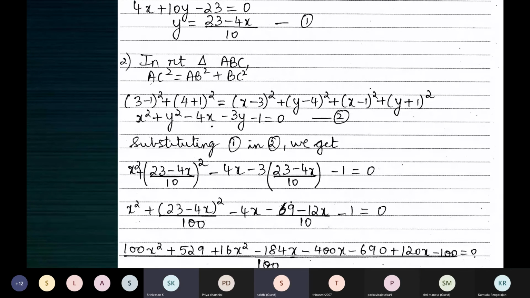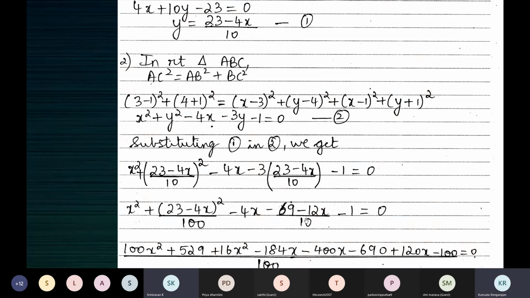Ma'am. Yes, Shakti. While multiplying negative 3 and negative 4x, we have written minus 12x. Which step? Ma'am, below substituting 1 into the second step.